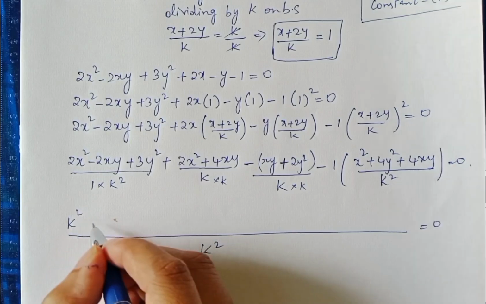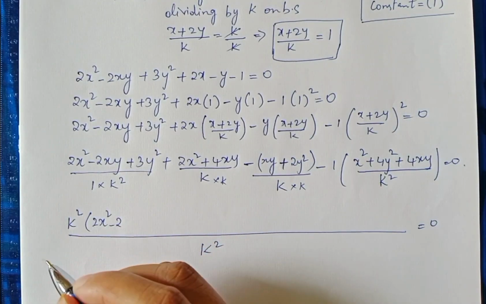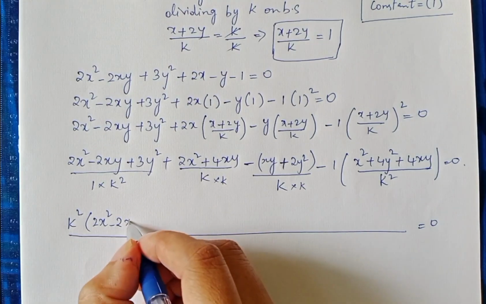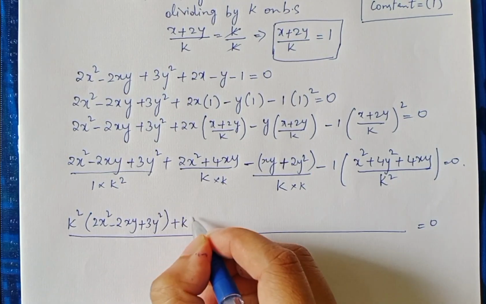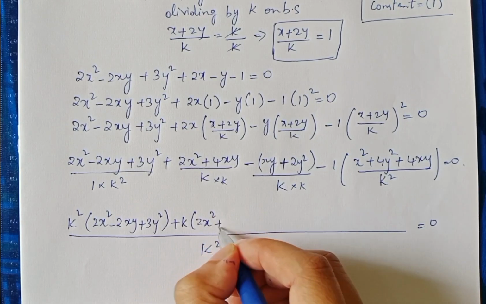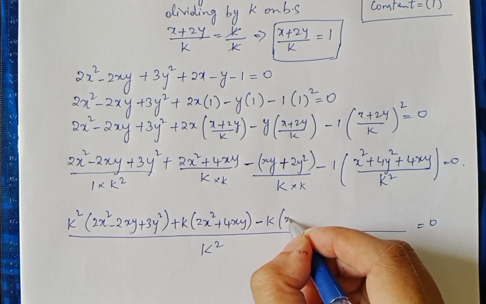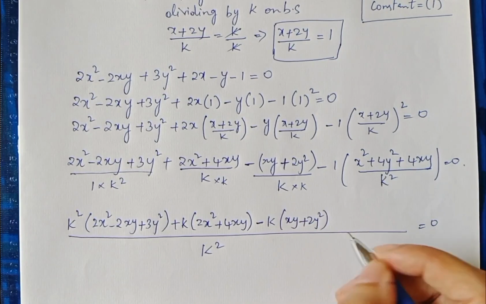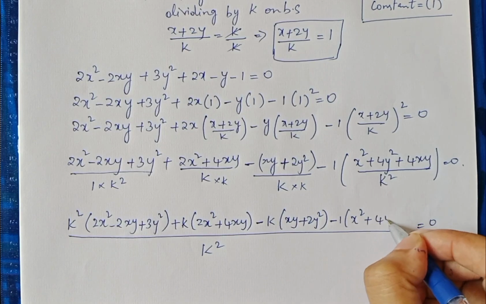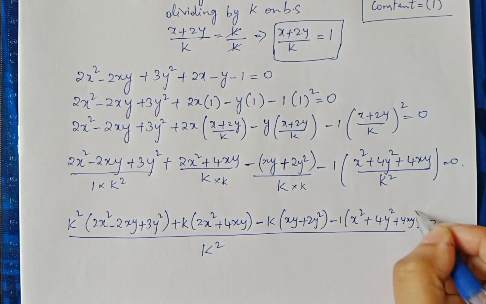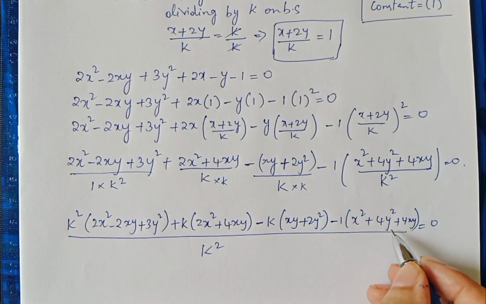So it is k square into 2x square minus 2xy plus 3y square, plus k into 2x square plus 4xy minus k into xy plus 2y square, minus 1 into x square plus 4y square plus 4xy. This k square into 0 is 0, so we'll be left with this.